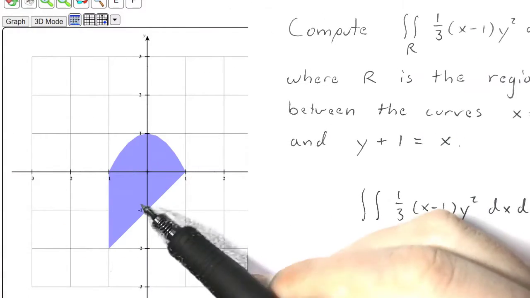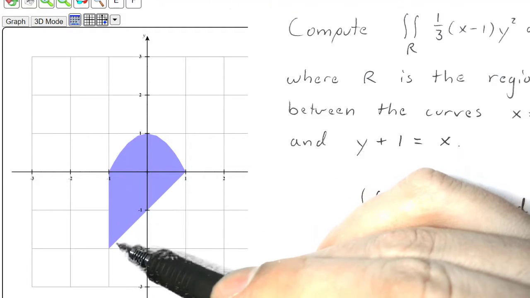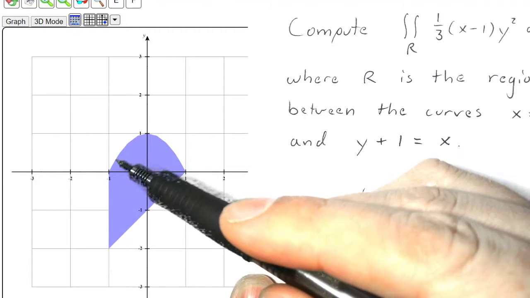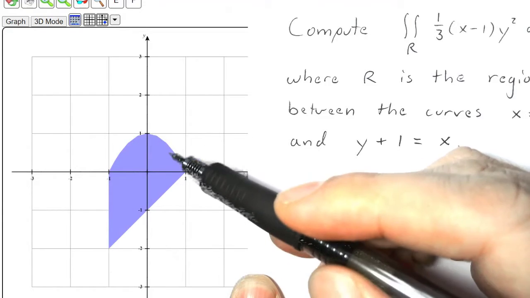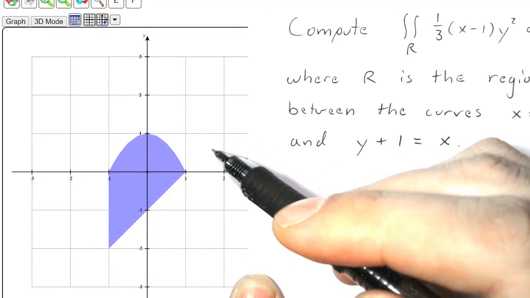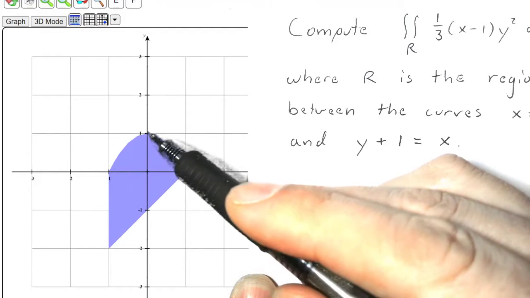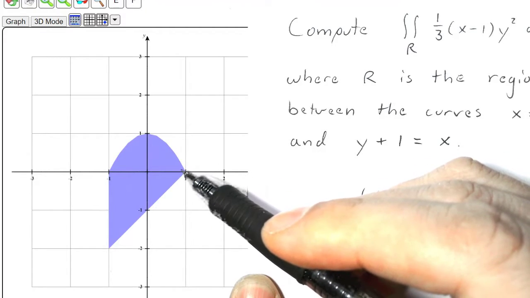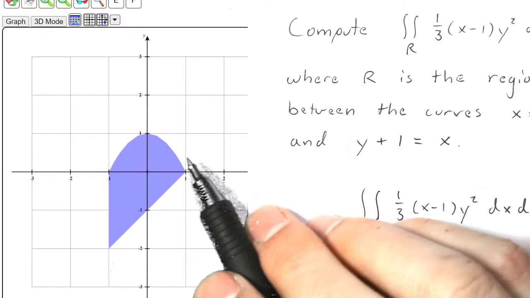For each value of x here, between -1 and 1, I'm going to go between this curve and this curve. Notice that it's always between this curve and this curve. I don't have to stop using one curve and switch to another one. The bottom curve is always this one, and the top curve is always this one, unlike the way we tried to do it in the first attempt.